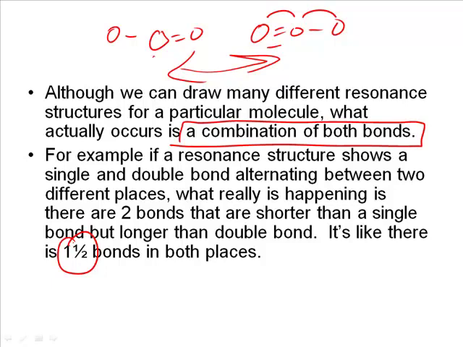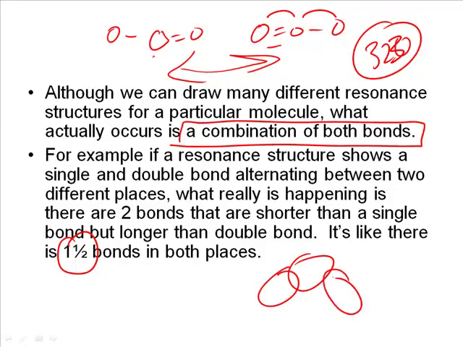And if you look in your text on page 323, they actually show an ozone molecule, and what they show is basically they've got the 3 parts here: the oxygen here, and these 2 oxygens, and they show that these bond distances are exactly the same. I think they're like 1.278 angstroms.